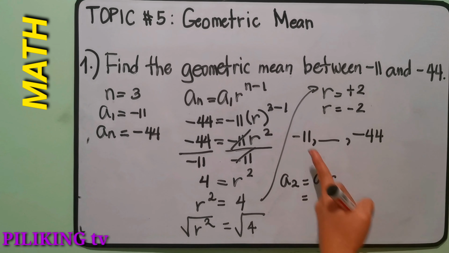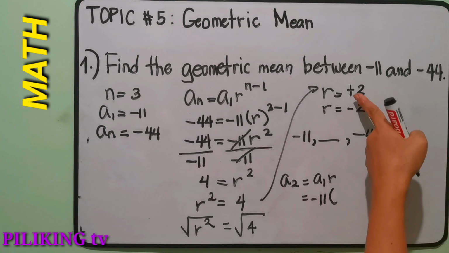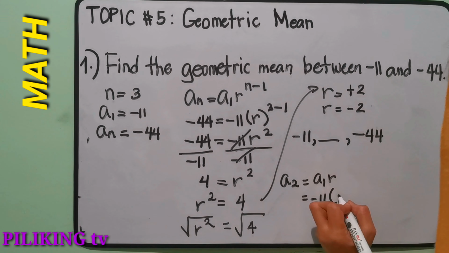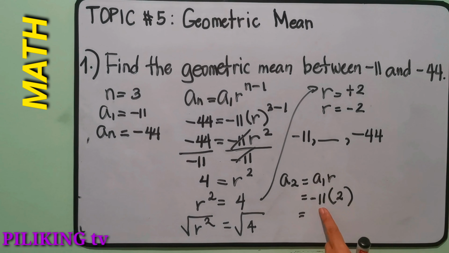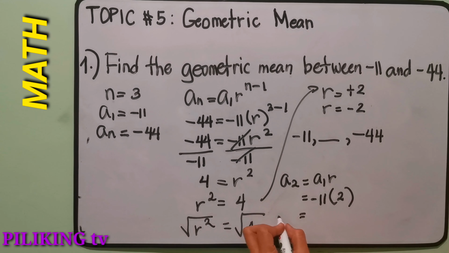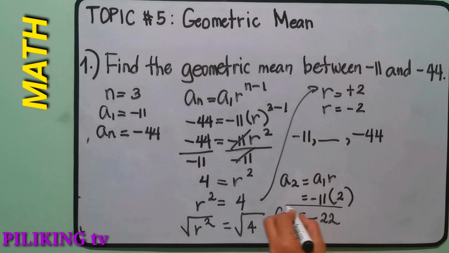Okay, so r can be positive 2. Let us use first positive 2. So therefore, -11 times 2 is -22, since you are multiplying different signs.